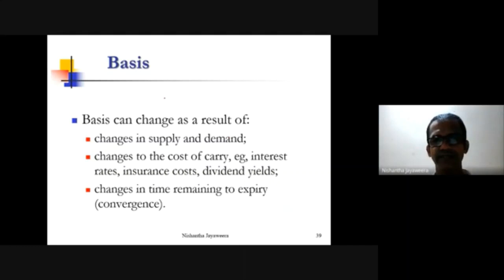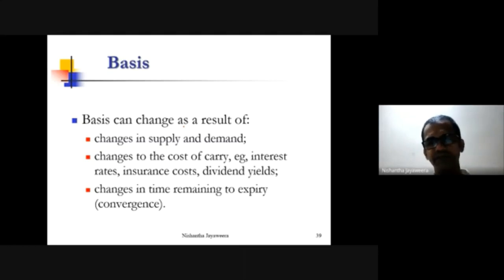So therefore, based on the model, the basis can change because if the interest rate changes, your cost changes, or if the benefit rates change, your benefits change. So accordingly, basis would change, and with the remaining time to maturity, basis would change.